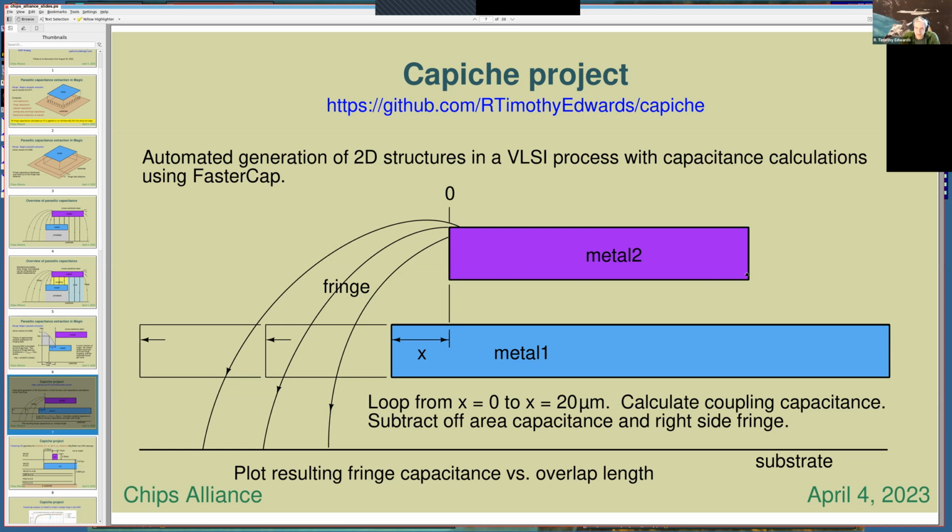I can subtract out the area capacitance, assuming they're all additive, and divide the remainder by 2, so I know the total fringe on one side. From that I can figure out exactly how much of the fringe capacitance is incident on the shielding layer underneath, according to FasterCap.